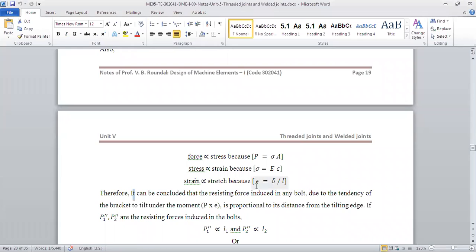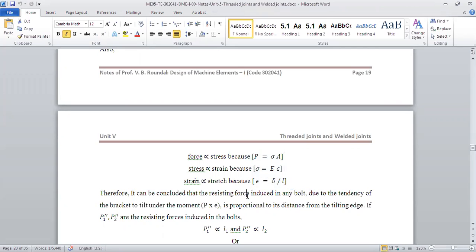So as I said, the strain, the change in the length of each bolt, is proportional to distance from point C. That delta has a dependency on the strain. The stress is proportional to strain, so it has a direct relation with stress, and the force is stress times area.